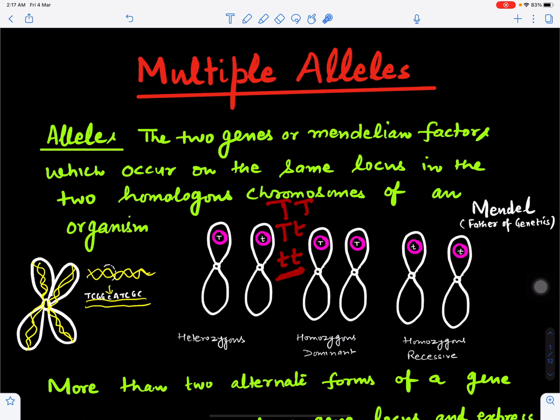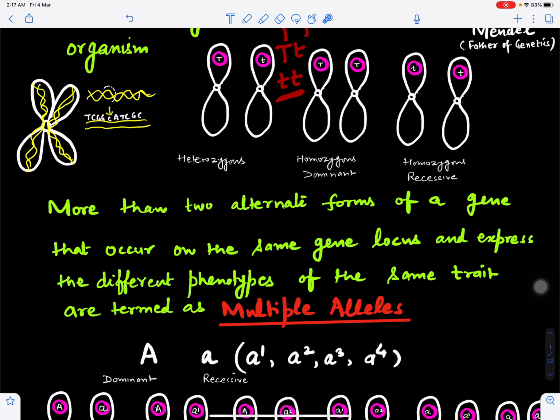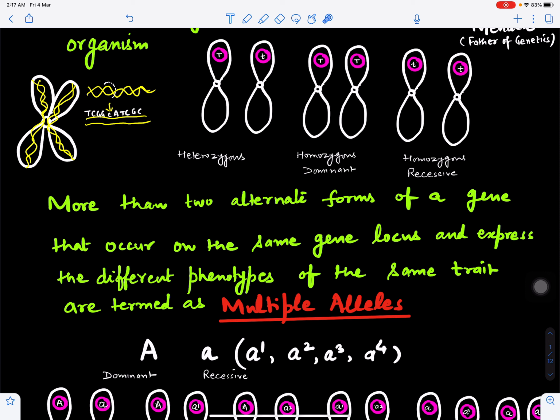But in an organism there can be more than two alternate forms of an allele, and they are again present on the same gene locus and express different phenotypes, meaning external appearance of characters, right? Different phenotypes of the same trait are termed multiple alleles.